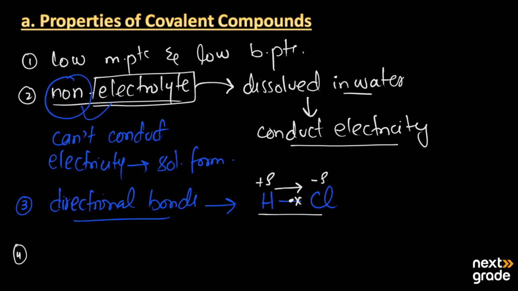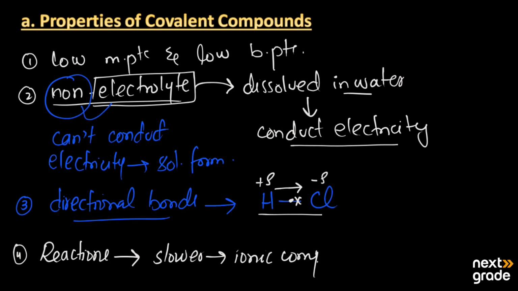Next, the fourth property of the covalent compounds concerns their reactions. Their reactions are slower as compared to the ionic compounds.